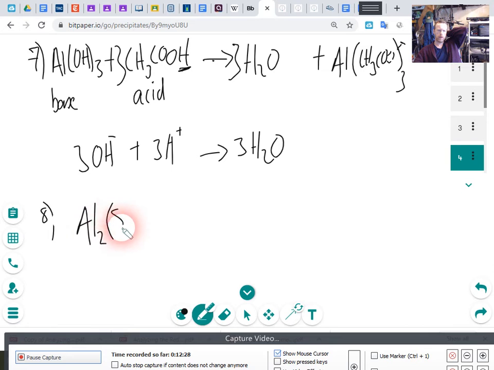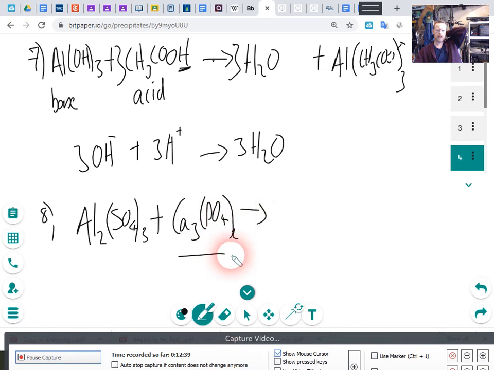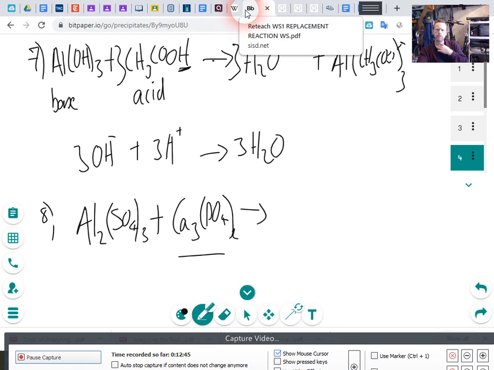Al2(SO4)3 plus calcium phosphate, Ca3(PO4)2. Now that's weird. This is a solid, but I guess we might do something. So we could have aluminum phosphate or calcium sulfate.